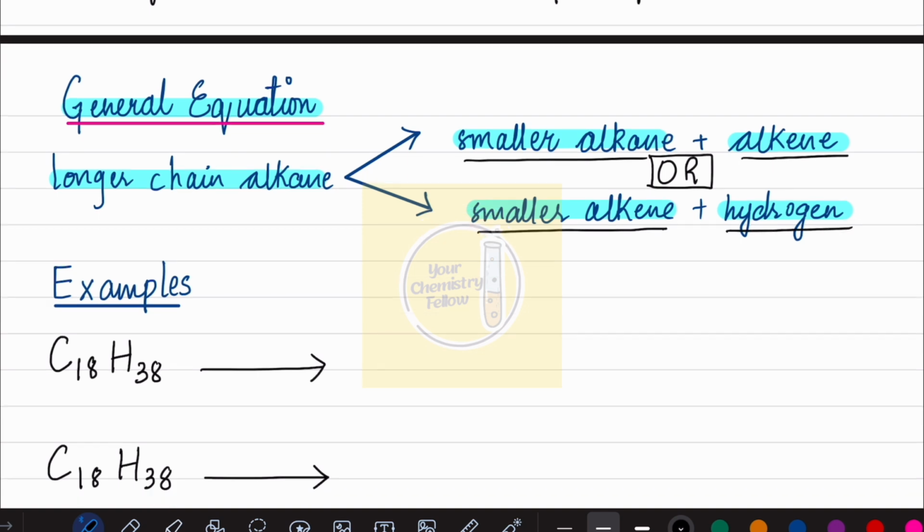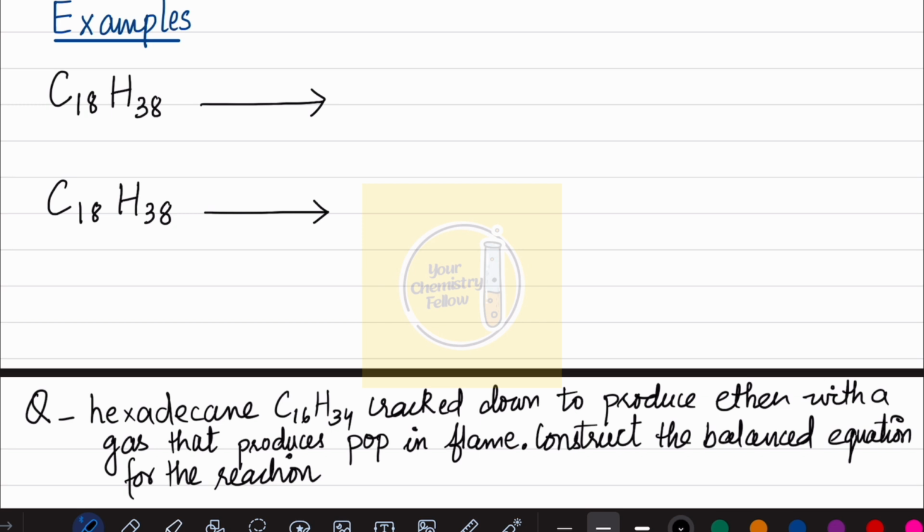Now we will do some examples. The first example is we will crack down octadecane, which consists of 18 carbon atoms, into alkane and alkene. It depends on the question how many carbon atoms they ask you to take in the alkane or in the alkene.